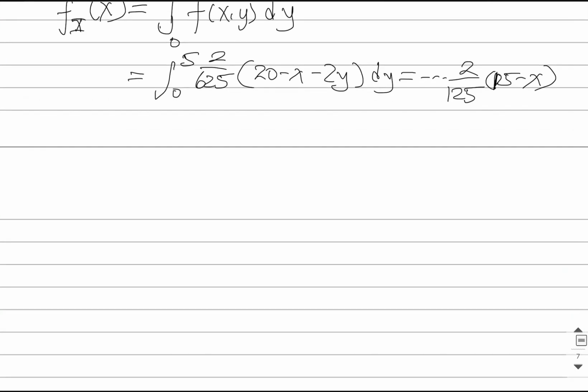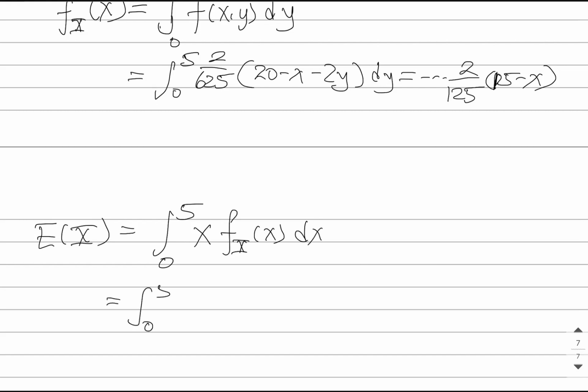Once you have this marginal density, you can compute the expectation, and now you would be taking that marginal density and integrating it over x. So we would have an integral 0 to 5, because the limits of x are 0 to 5 here as well. And we would take the result that we just got and integrate over x.